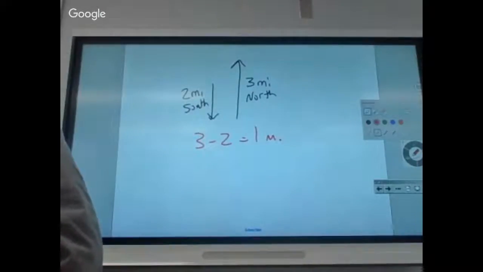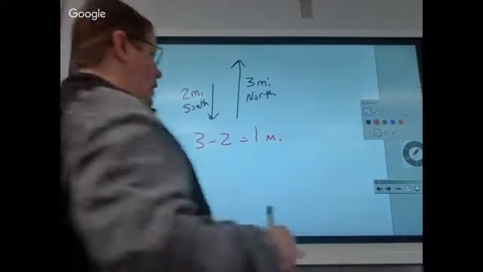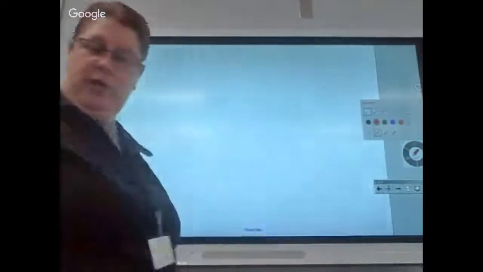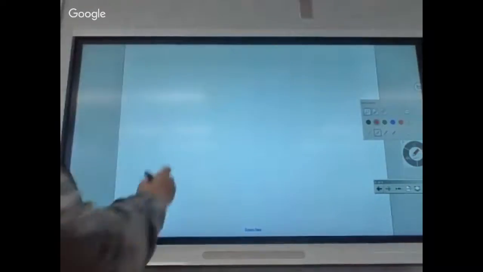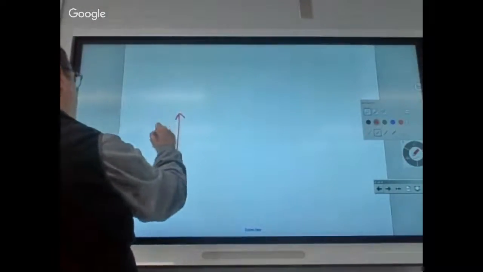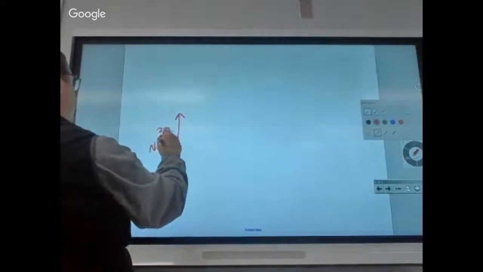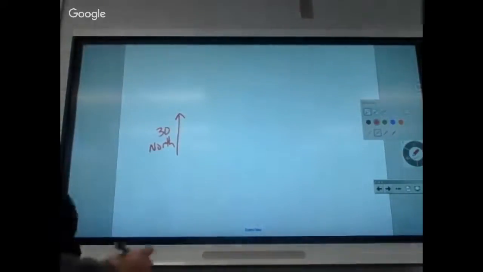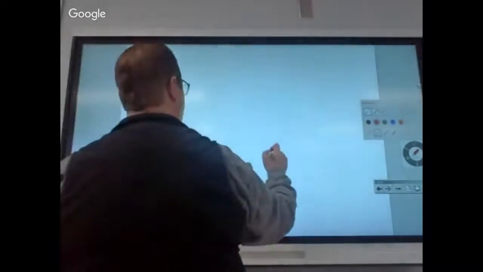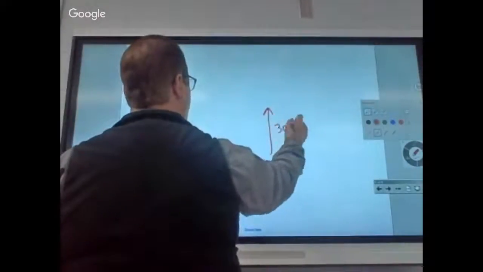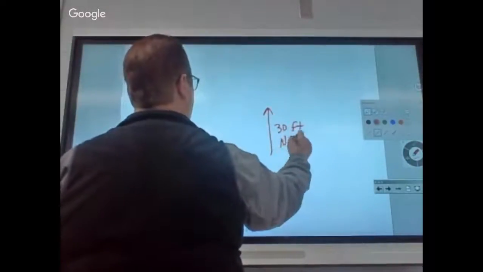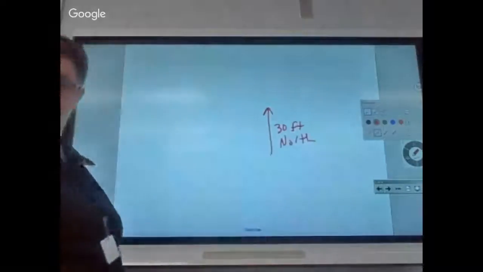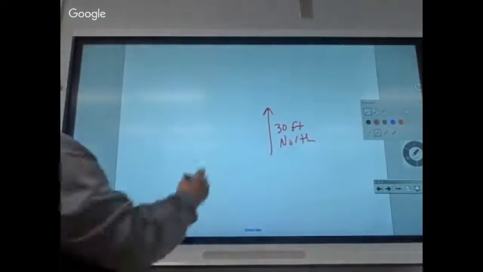9. All right. 9 is like the one we just did. Okay. So we do 30 feet north. And then we do 30 feet. Oops, I need to go west. Let me move that over here. All right, 30 feet north. And then I'm doing how many feet west? 30 feet west.